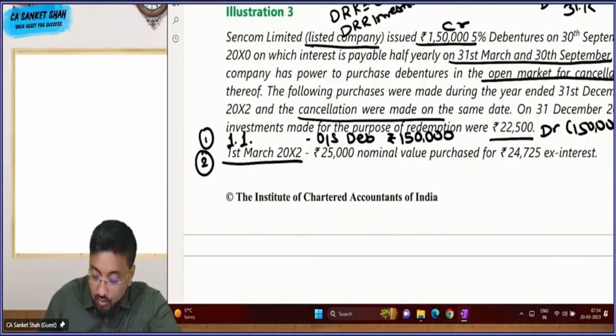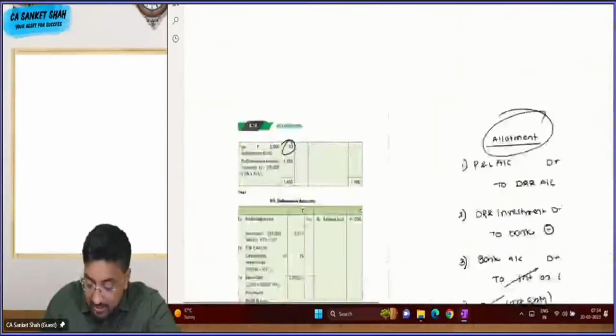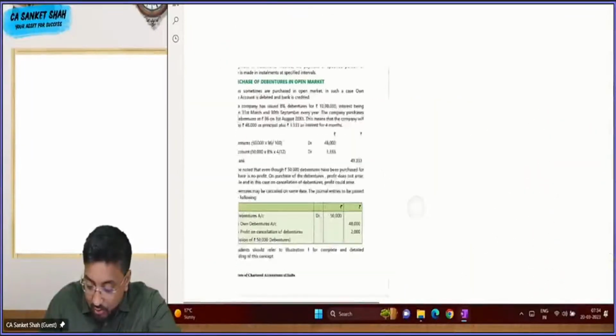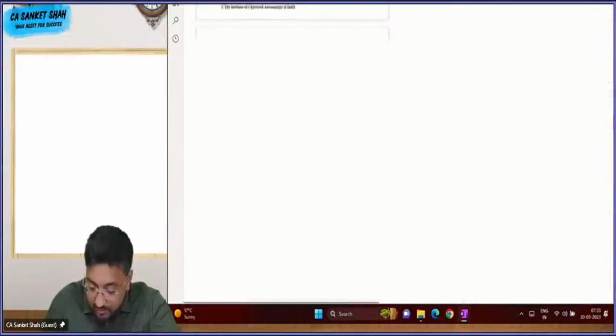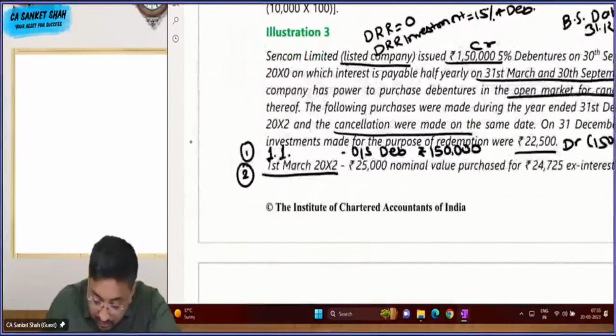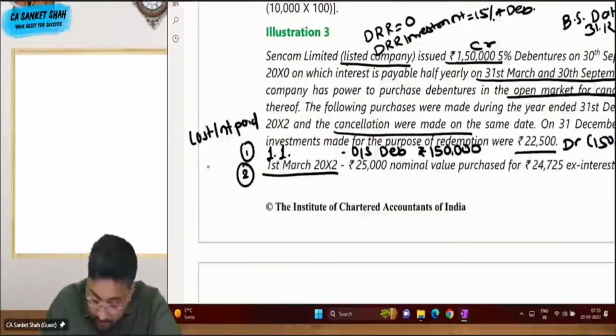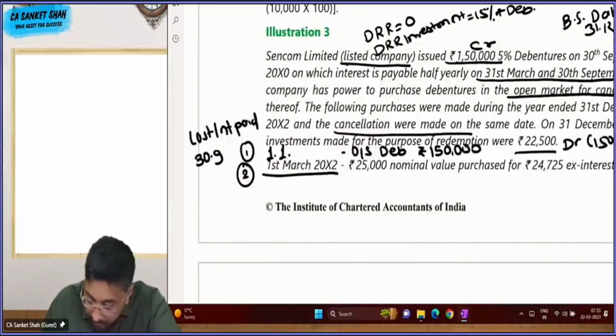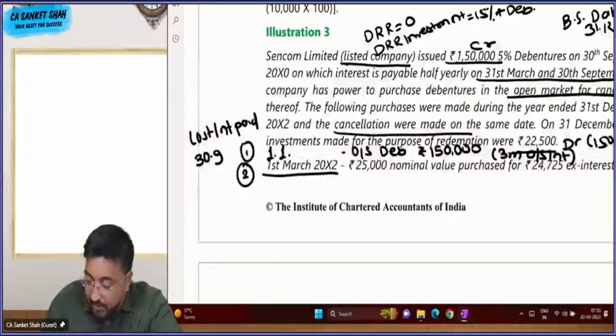What is the column we made last time on the question itself? Last interest paid. Here 30th September. So 3 months of outstanding interest is payable.